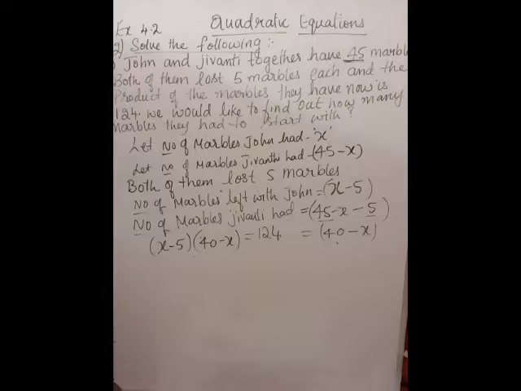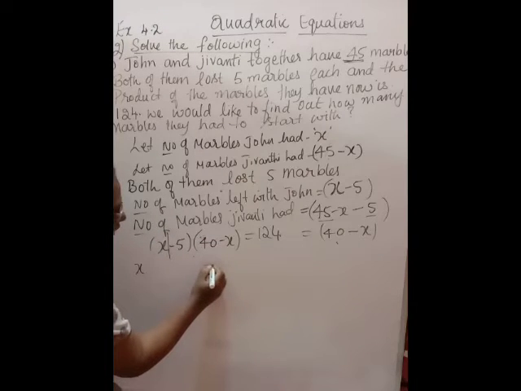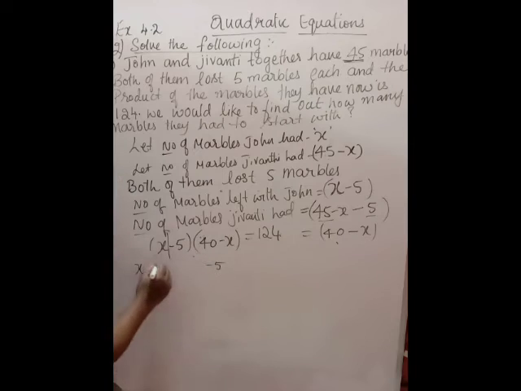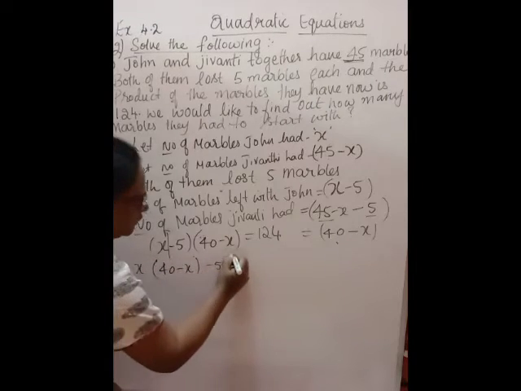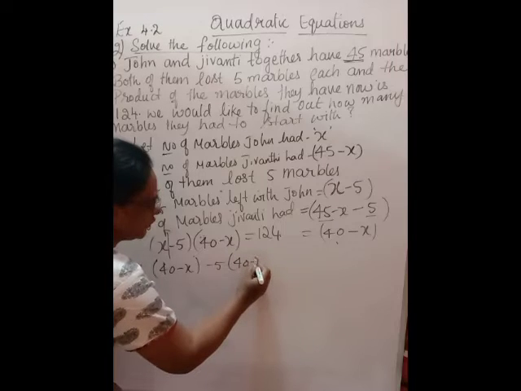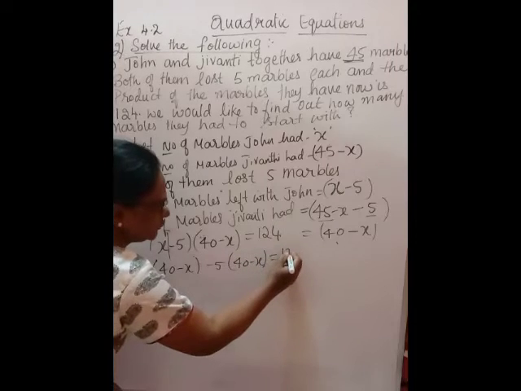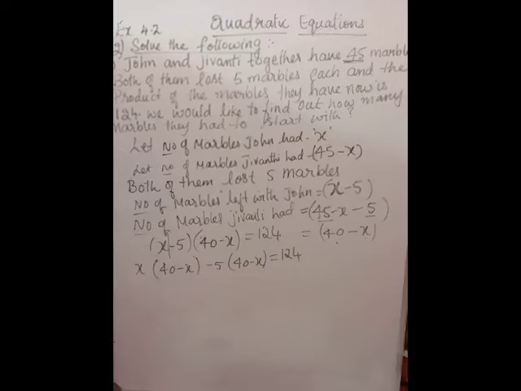Split the first bracket into the terms x and minus 5, and multiply the full bracket (40 minus x) with the first term as well as the second term: x times (40 minus x) and minus 5 times (40 minus x) is equal to 124.